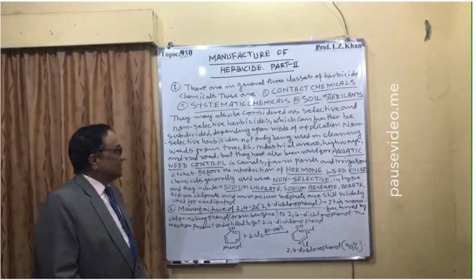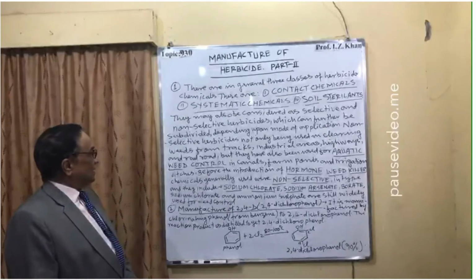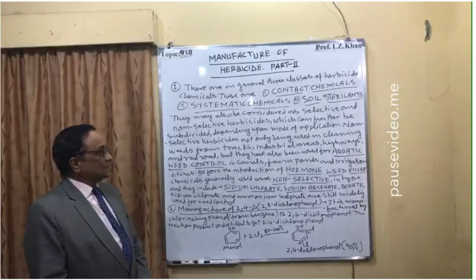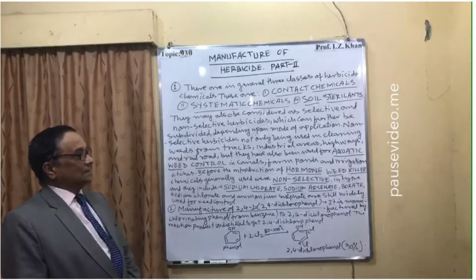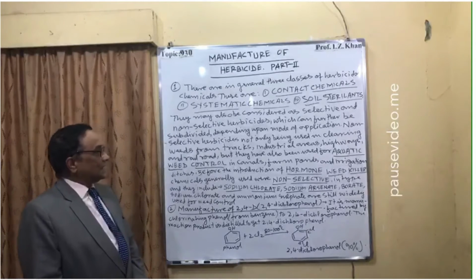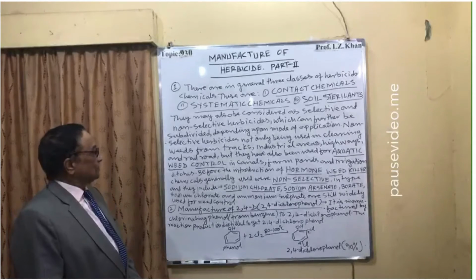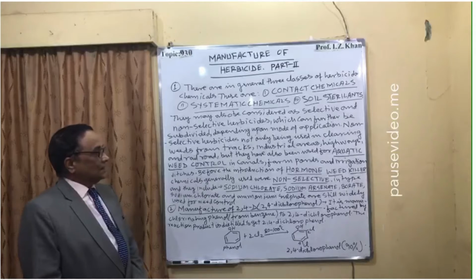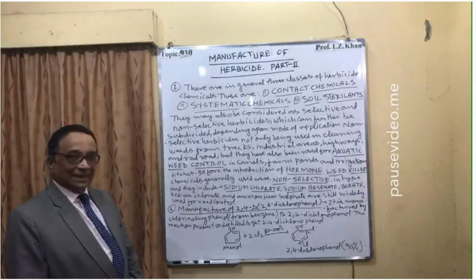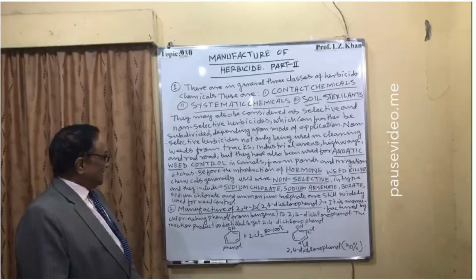Non-selective herbicides are not only used in clearing weeds from tracks, industrial areas, highways, and railroads, but they have also been used for aquatic weed control in canals, farm ponds, and irrigation ditches.